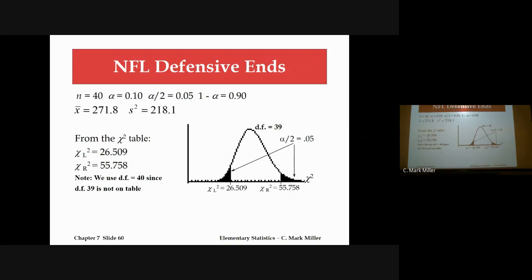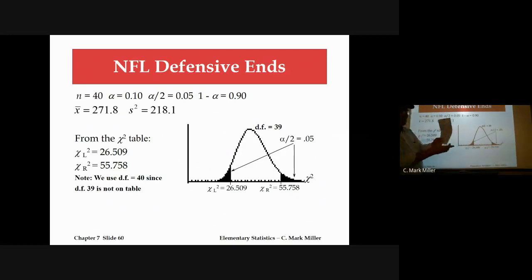Let's go to our tables for a second. We're going to use 40, like I said, but it's a similar procedure as what we just did with 12 degrees of freedom. You go down to 40 right here. I want 0.05 in the right tail, so I go to the 0.05 column, row 40, and I get 55.758, which is my chi-squared R right here.